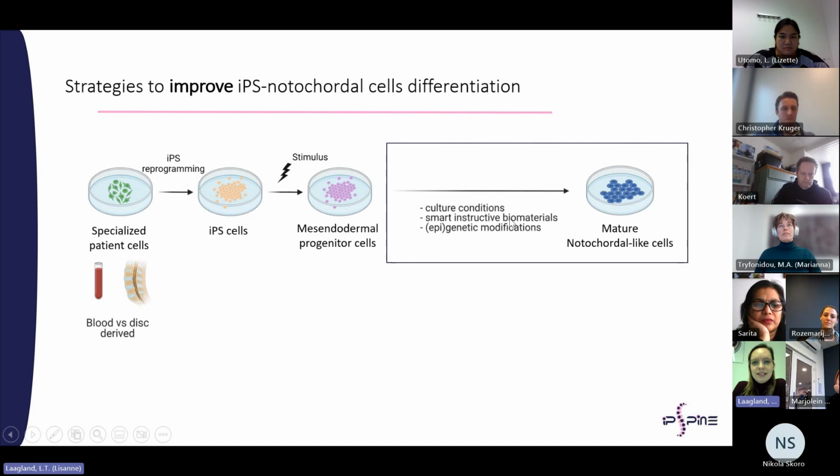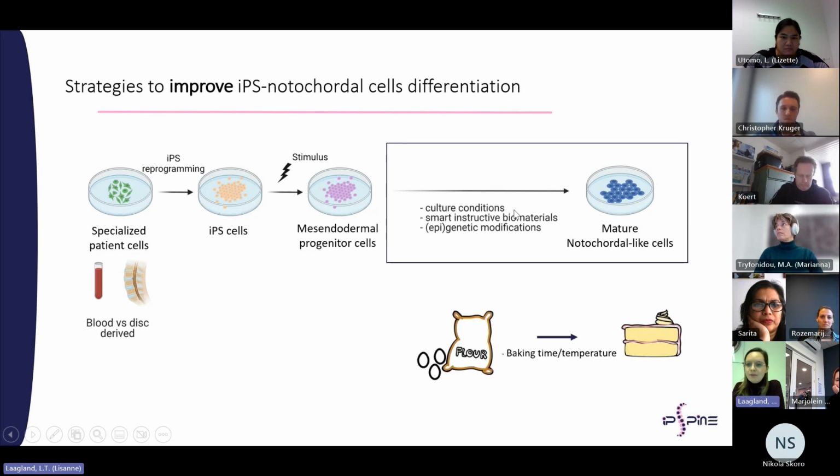Another point we're focusing on is a last step within the differentiation protocol. So we try to improve the instructions that we give to the cells to actually mature the notochordal cells. And this we can do by changing the culture conditions. You can compare it a bit to finding the perfect baking time and temperature. And furthermore, we can culture them together with these smart instructive biomaterials.